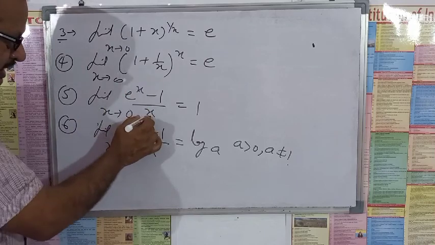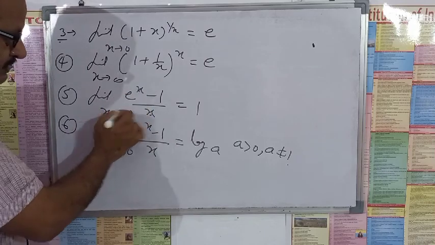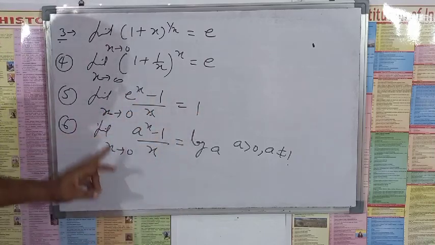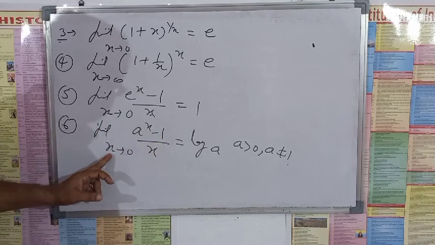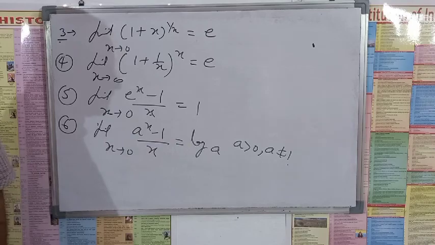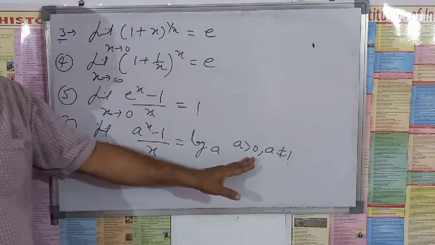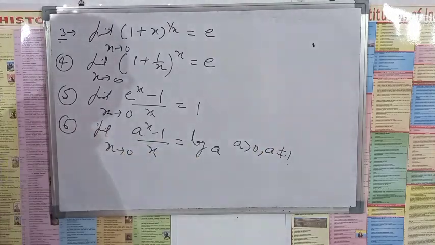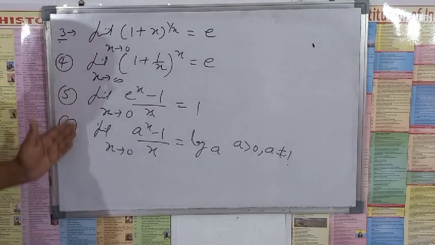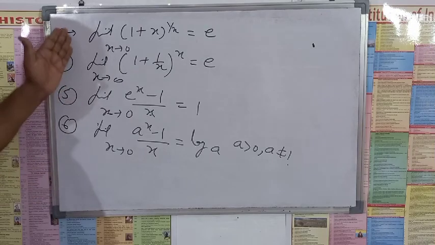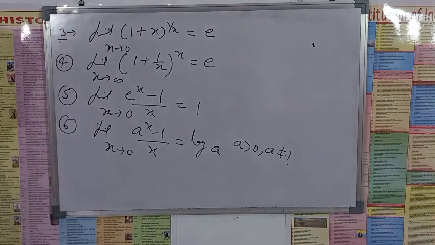The same thing must be at these three places, then it will be equal to 1. Limit of (a to the power x minus 1) upon x, x tends to 0, its value is equal to log a, where a is greater than 0 and a is not equal to 1. So in exercise 5.9, when we do the problems, we have to apply these results, so you have to remember these results.